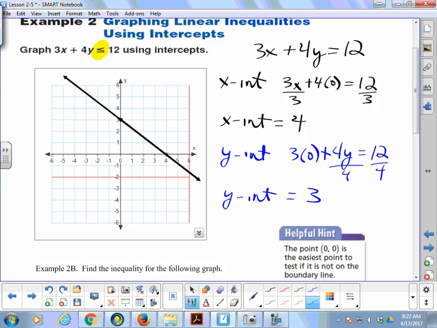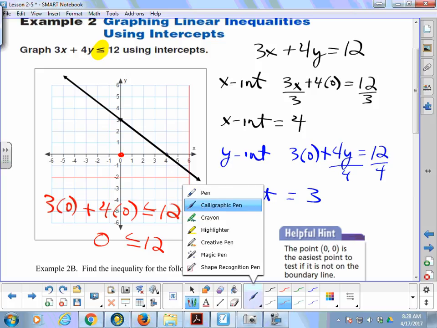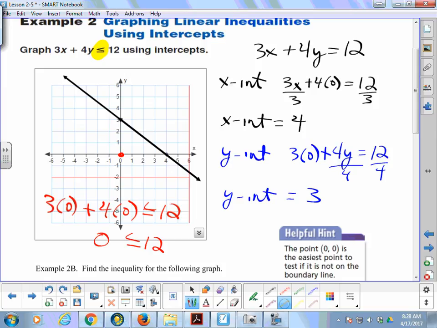We really want to check the origin to see if it's true or false there. So if we put 0 in for x and 0 in for y, we get 0, right? Nice thing about that is 0 plus 0 is 0. Is that less than or equal to 12? And that is a true statement, so we're going to shade the area below the line.